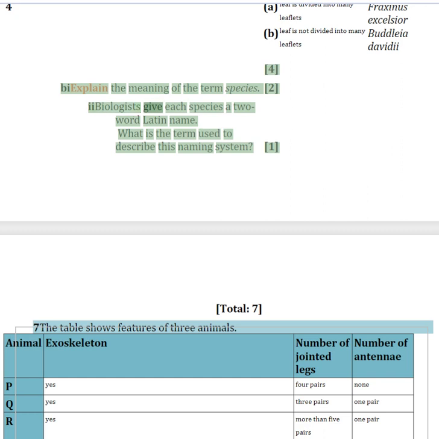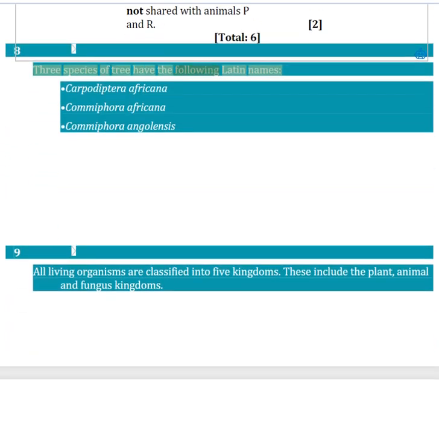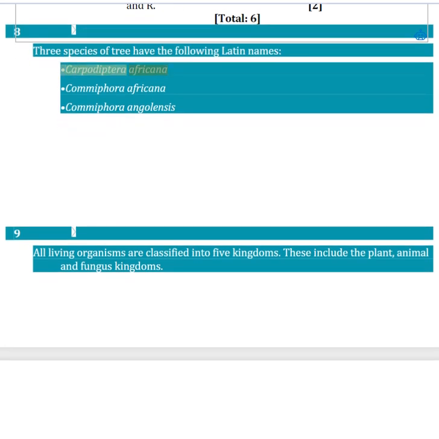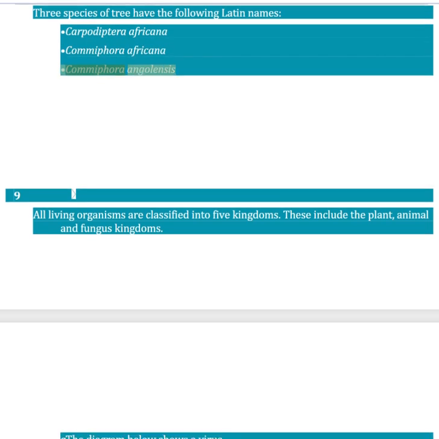Biologists give each species a 2-word Latin name. What is the term used to describe this naming system? 7. The table shows features of 3 animals. 8. 3 species of tree have the following Latin names: Carpodiptera africana, Comifera africana, Comifera angolensis.